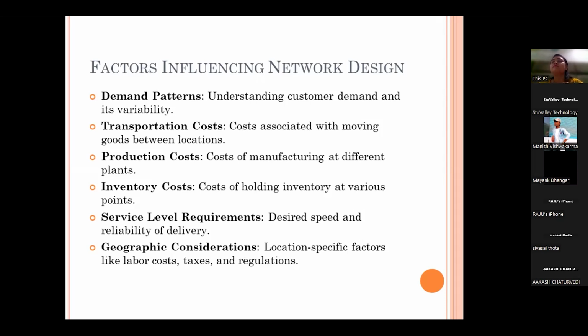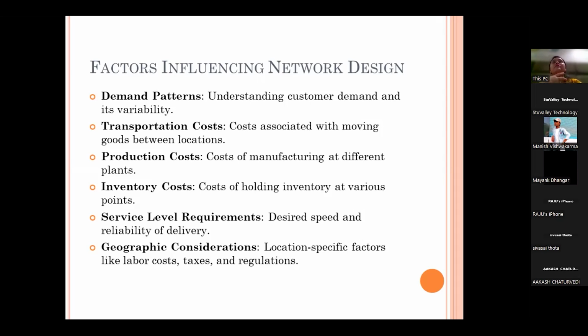We also have SEZs, special economic zones, made by government rules and regulations, where tax relaxation is given to industries and companies. When I was working at EXL Services, that also came under an SEZ zone, so their custom duty was removed.